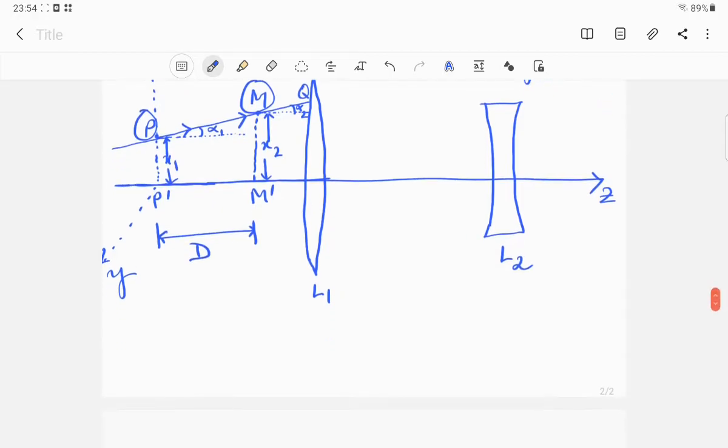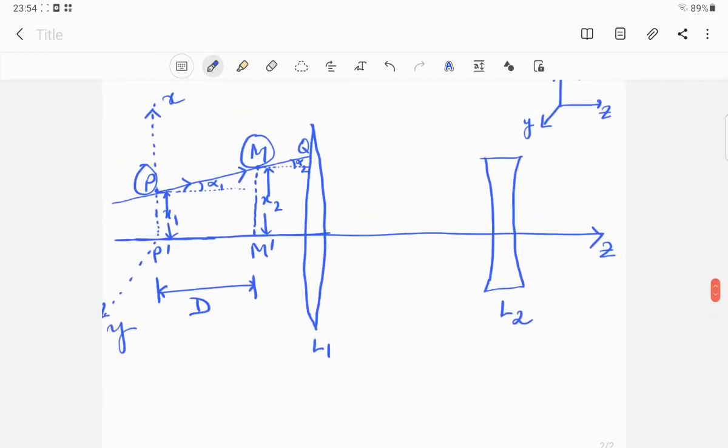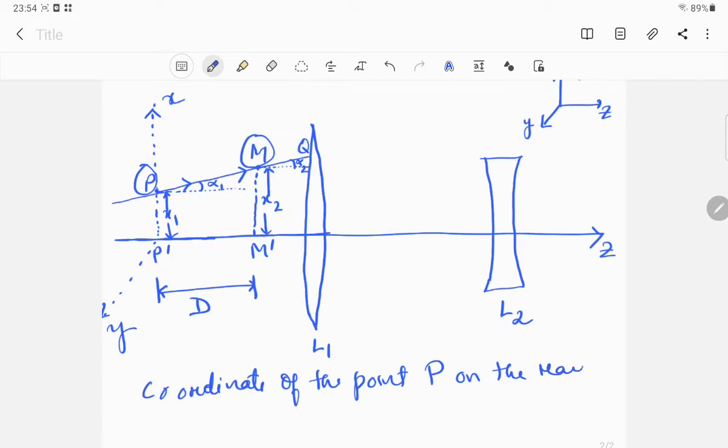Now we will define something. In the matrix method in paraxial optics, we will define a particular coordinate. We call it the coordinate of the point P on the ray. Now you know that coordinate means X comma Y, isn't it?